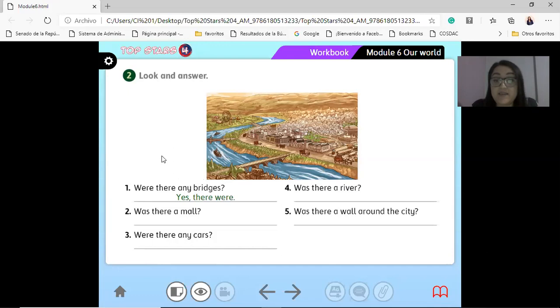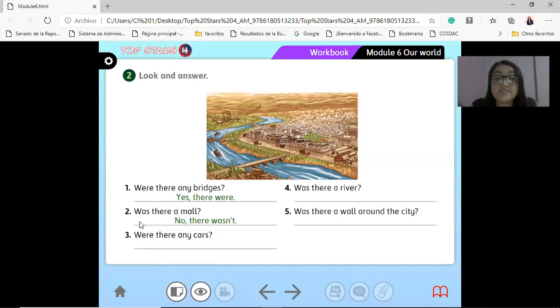Claro, claro, hay ahí. Muy bien. Write your answers. Number 2. Was there a mall? En aquel entonces, porque se ve que es una ciudad vieja, una ciudad antigua. Was there a mall? ¿Había un mall ahí? No, there wasn't. No había centro comercial ahí.